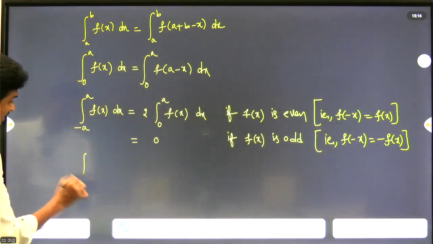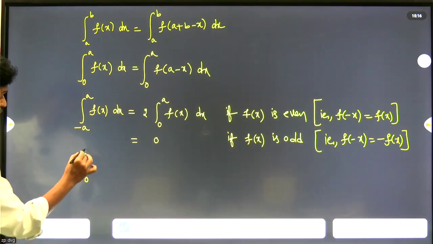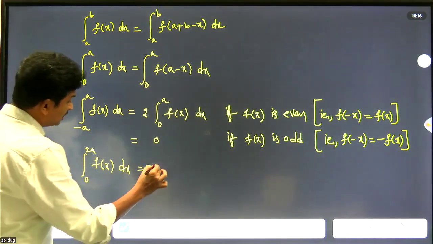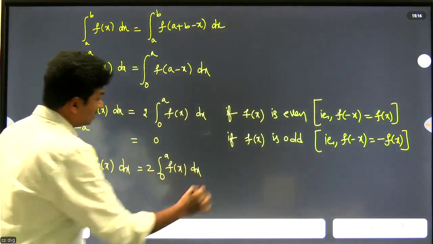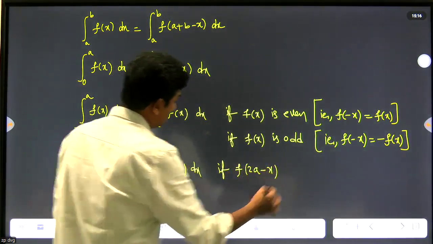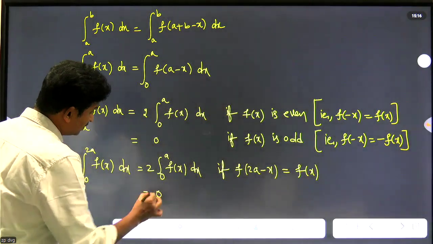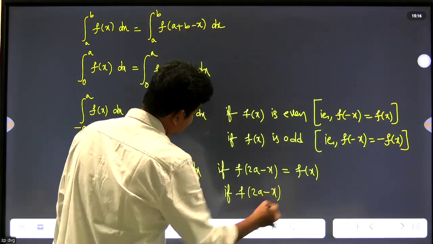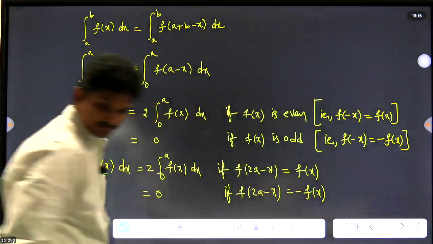Next, the last one. Now, one more is there. The integral of 0 to 2a f of x dx is 2 times the integral of 0 to a f of x dx if f of 2a minus x equals f of x, and it equals 0 if f of 2a minus x equals minus f of x, right?